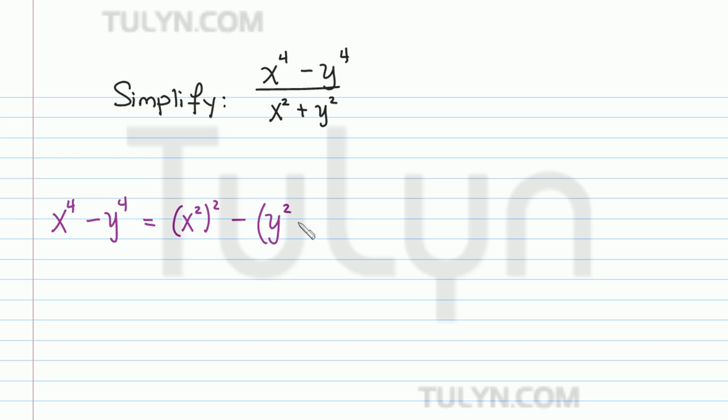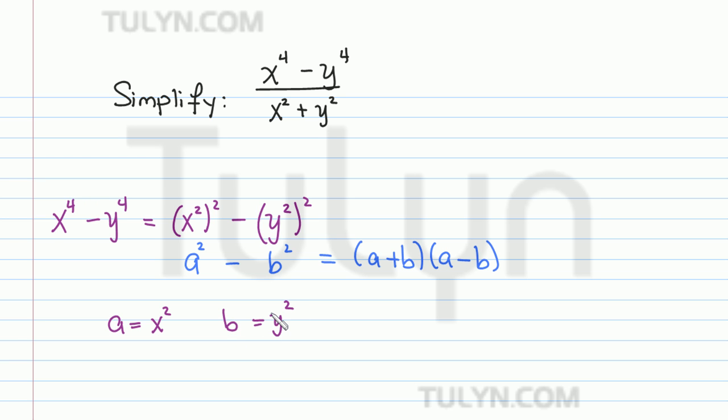Now this looks like the difference of squares formula, where a squared minus b squared equals a plus b times a minus b. In this case, a is equal to x squared, and b is equal to y squared.